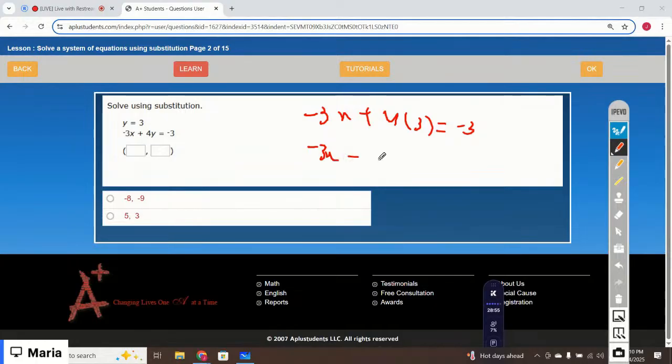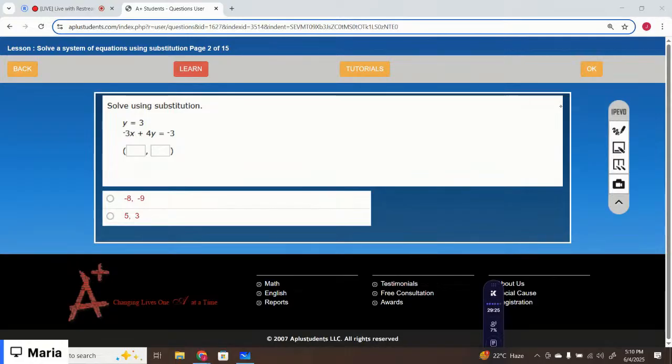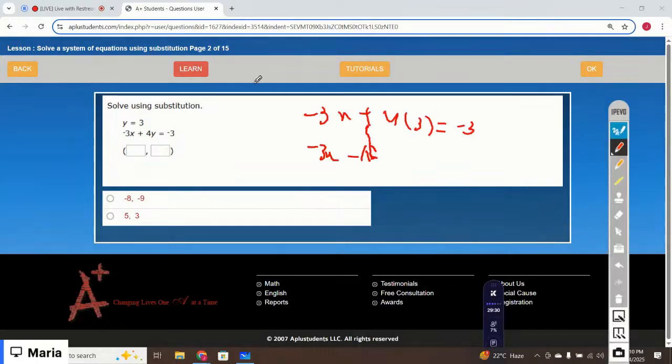Let's substitute the value in equation number 2.